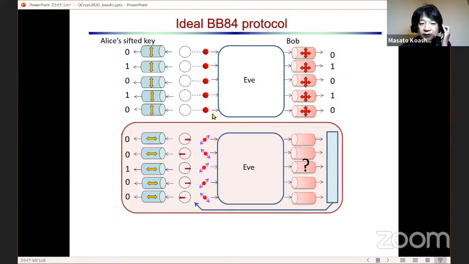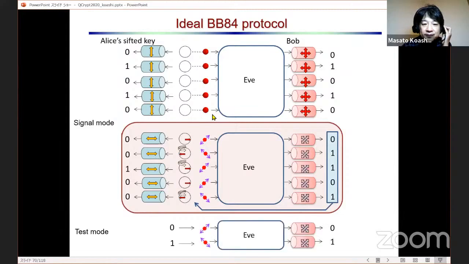In this BB84 protocol, I explained that Bob makes a measurement here, then instructs Alice by using the classical channel, and then Alice rotates this. But instead of this, you can do the same correction by applying a control-NOT gate from Alice's qubit to Bob's qubit.